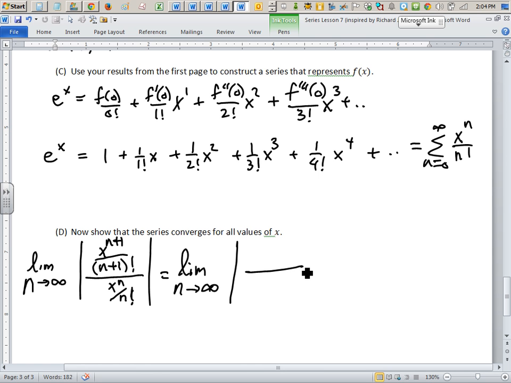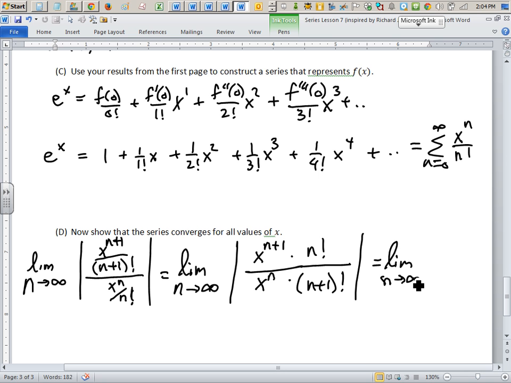In the numerator, you basically get x to the n plus 1 here, and x to the n here. You have an n factorial here, and n plus 1 factorial here. So all of this simplifies down to simply x, and then we have the n factorial canceling out.